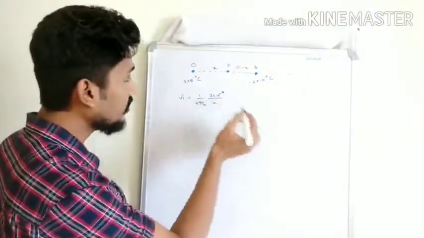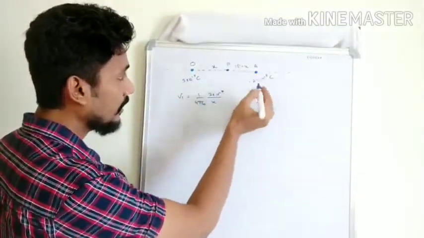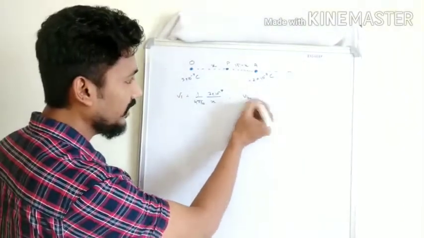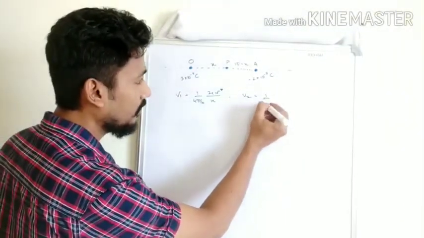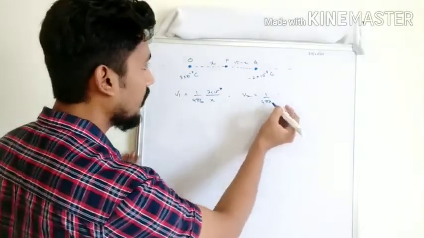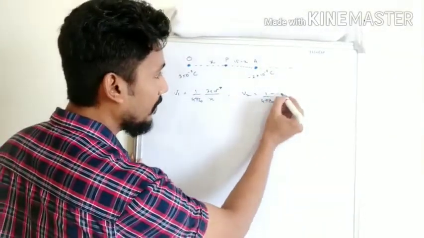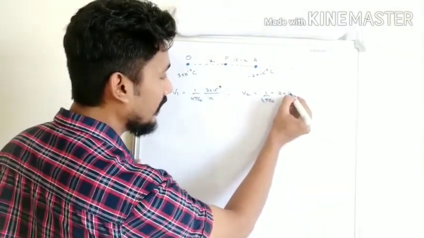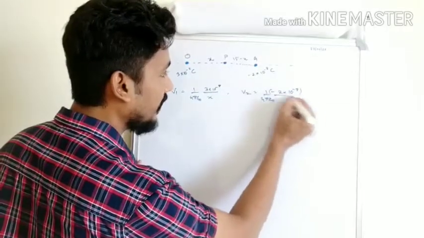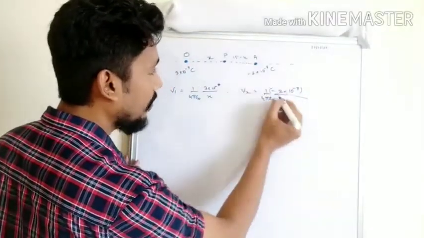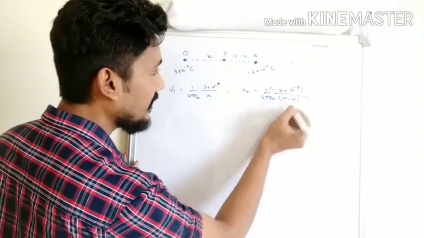Let us assume that at point P the potential due to A is V2. Then V2 will be 1 upon 4 pi epsilon naught, Q2 upon R. Q2 is minus 2 into 10 to the power minus 8, and R is 15 minus x.